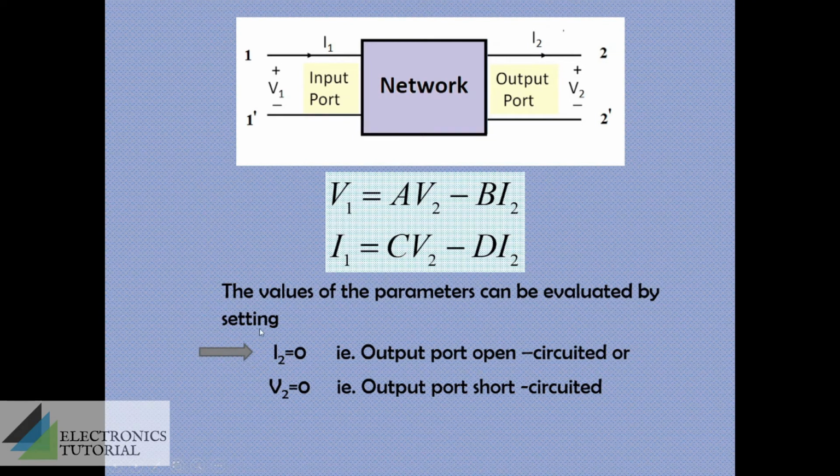We'll apply this condition to this equation. As the I2 term is 0, this term will be inactive and the remaining terms are V1 is equal to A V2. Now we can get the value of A as A is equal to V1 by V2.